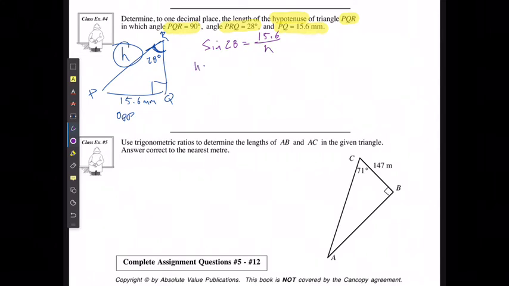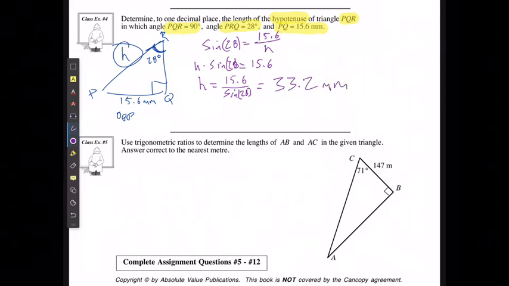My hypotenuse times sine of 28 is going to equal 15.6, or my hypotenuse is going to equal 15.6 divided by sine of 28. And in this case, my hypotenuse is going to equal 33.2 millimeters if I'm going to 1 decimal place.